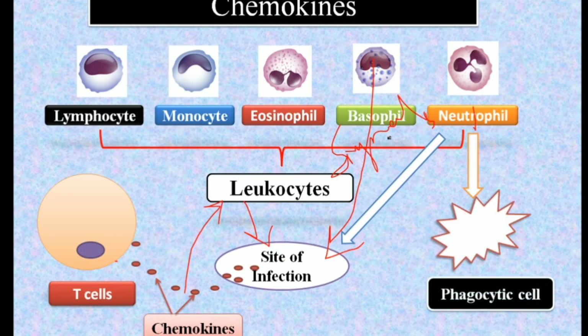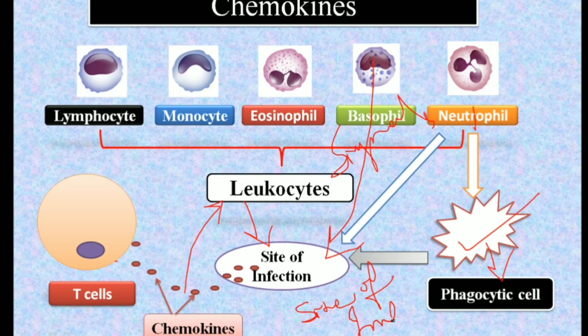Thus, neutrophils become the phagocytic cells and they will go to the site of infection and stop the infection. So this is all about the cytokines that help the immune cells to properly communicate between them.